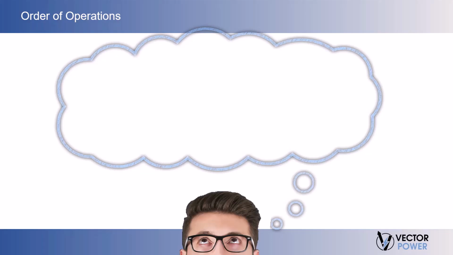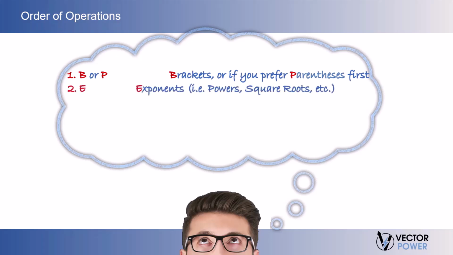Now, what is an easy way to remember the order of operations? Well, first, B or P, representing brackets, or if you prefer, parentheses, always done first. Second, E, exponents, powers, square roots, etc. Third, division and multiplication, and we work from left to right.